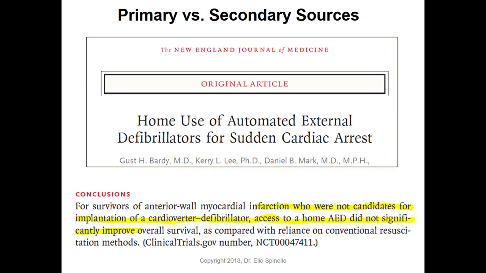Doesn't mean that it stopped cold, but it's in a rhythm that can't pump enough blood to keep the person alive. So they found people who had experienced them, and after being admitted to a hospital, asked the question, okay, did they live or did they die? Were they discharged alive, or were they deceased in the hospital? And then they worked backwards to see how they were treated. There were three possibilities.